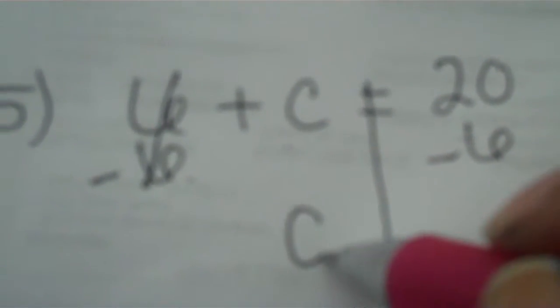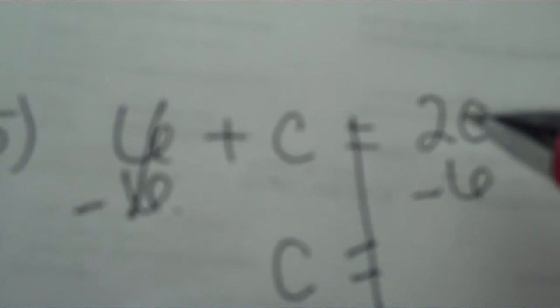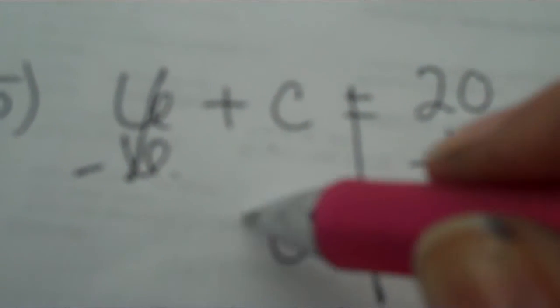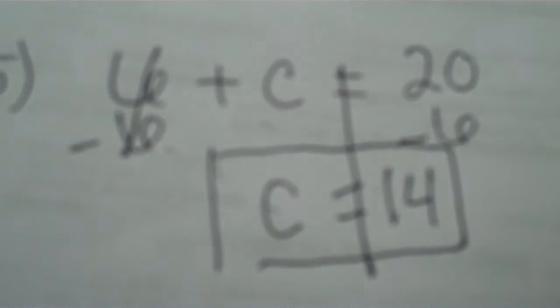So we're going to do negative 6. Those go away. So my c is still here. When you put this in the calculator, don't do 20 negative 6. If it's in the middle, it's minus. So 20 minus 6, and you'll end up with 14. That's your answer. And then you should know that 6 plus 14 does equal 20.